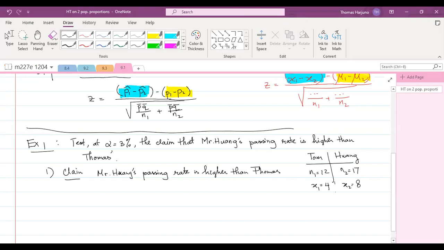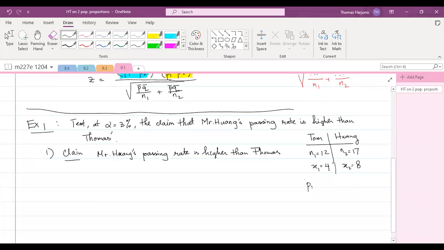Okay, now let's get those 3 important proportions first. P1 hat, find that out. P2 hat, find that out. And then P bar. Once you get P bar, also get Q bar. P1 hat is 4 over 12. That's 0.33333. And P2 hat is 8 over 17. That's 0.47059.